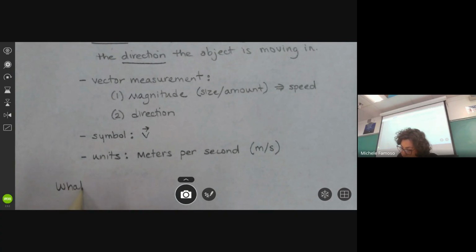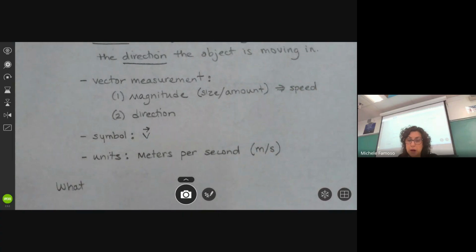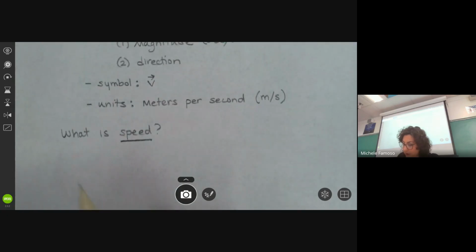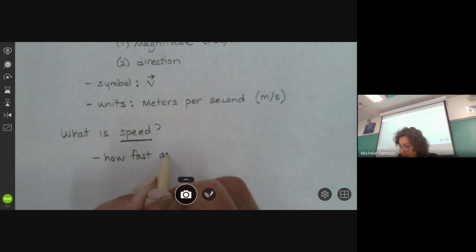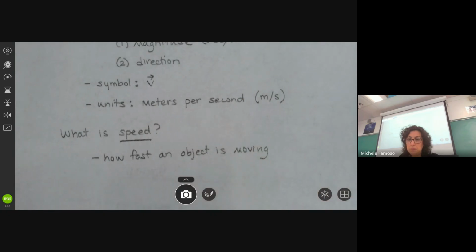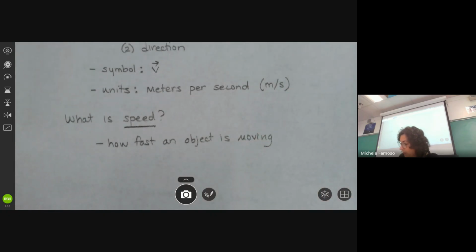All right. Since we've talked about speed, we should probably define that. So what is speed? When we talk about speed, we're just talking about how fast an object is moving. How fast are you moving? Since we are not talking about any kind of direction with this measurement, do you remember what type of measurement we would classify it as?